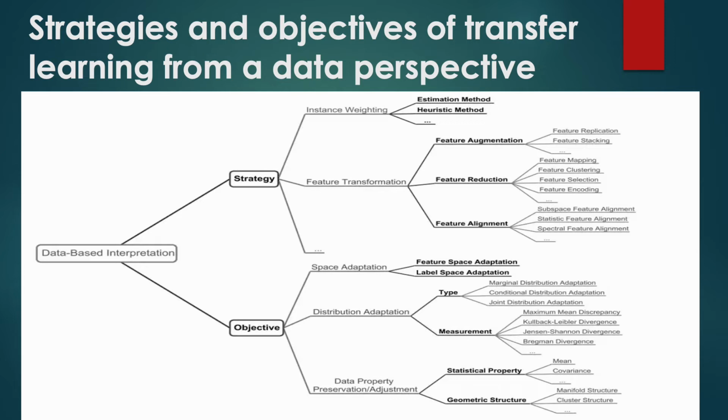So if we see here, the first one is instance weighting strategy. So for this, let's consider a scenario with many labeled source domain instances and limited target domain instances, right? And let's suppose that both differ with a marginal distribution.